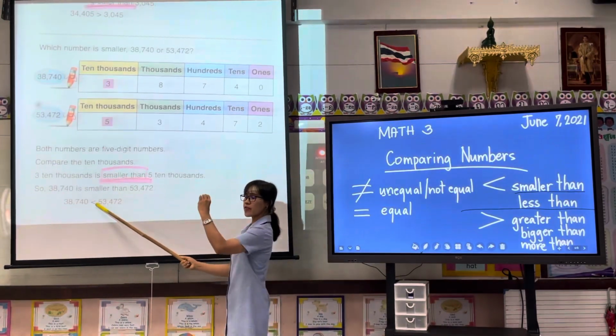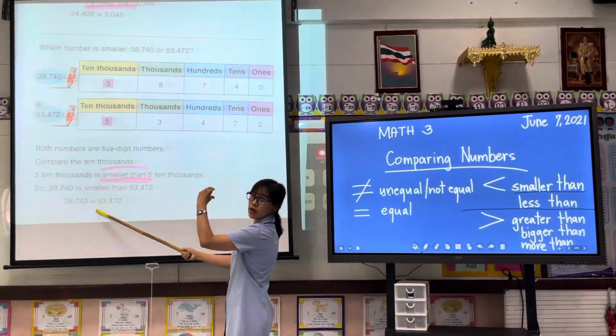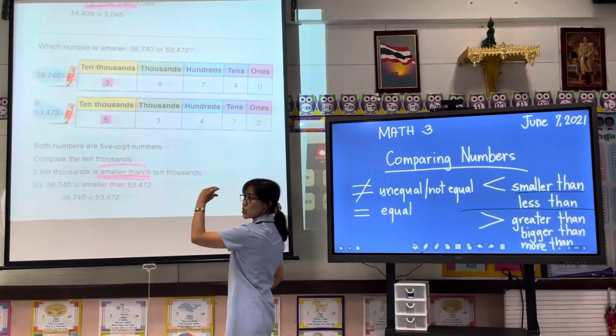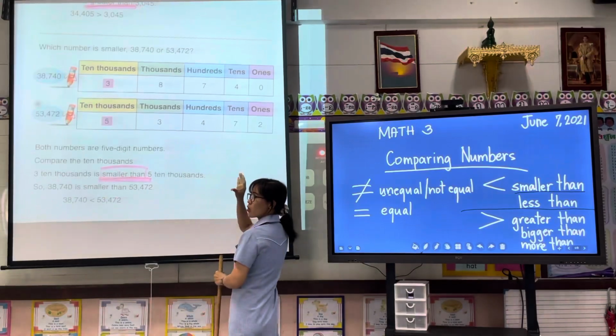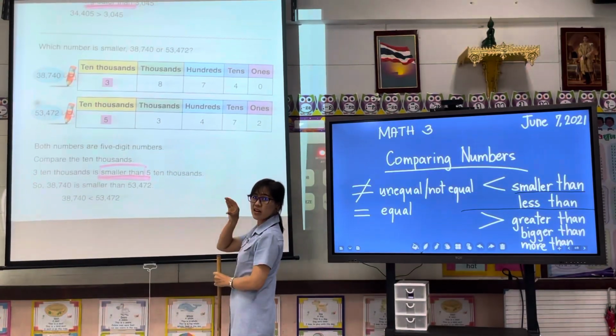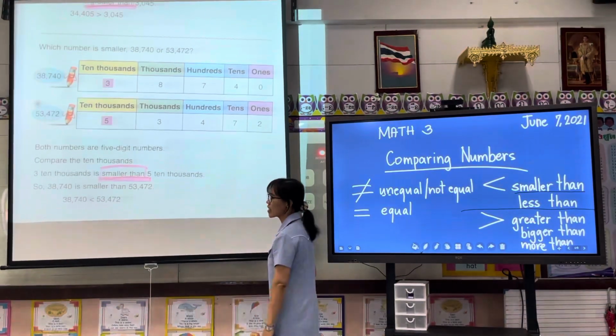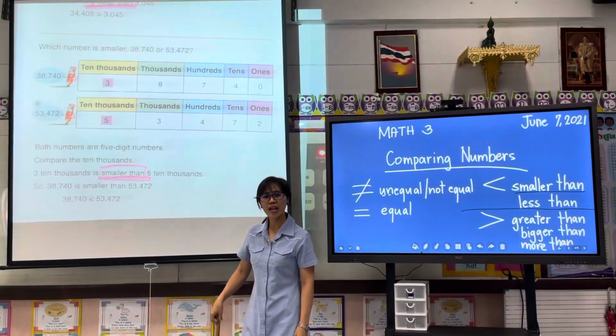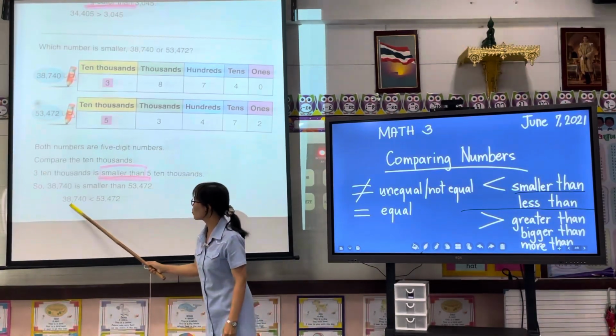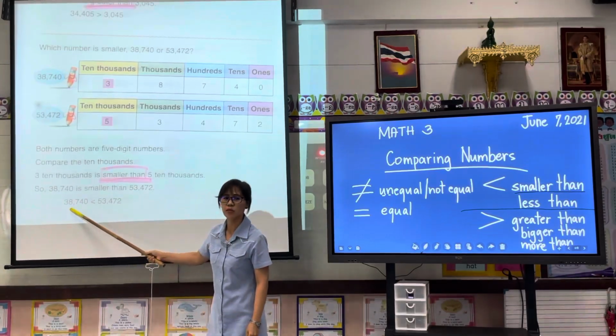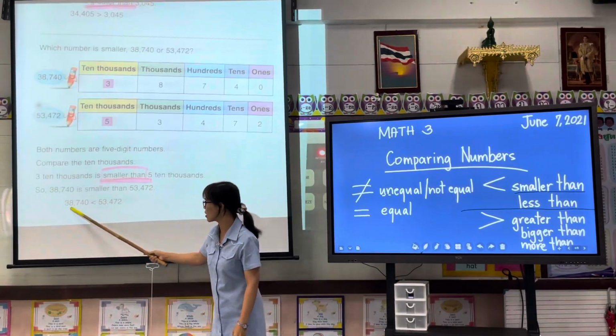Okay, using our symbol, show me your left hand. For you to remember, left hand is smaller than, and your right hand means greater than. Alright, and remember Ali. Ali doesn't want to eat the smaller number.